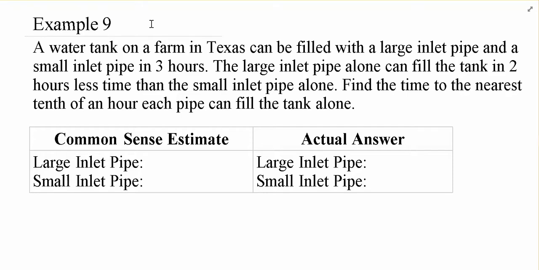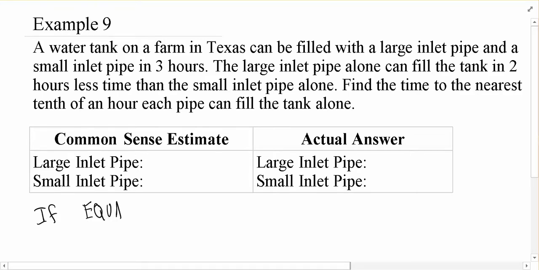So, before we even get into this problem, I do want to talk about a common sense estimate so that we can get a ballpark idea of roughly what our answer should be. What I like to start with is saying, what if they had equal speed or equal rate?